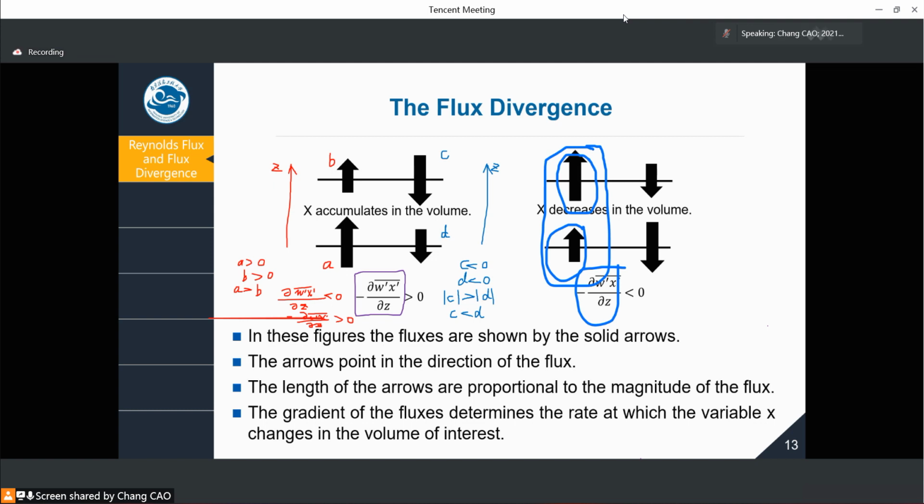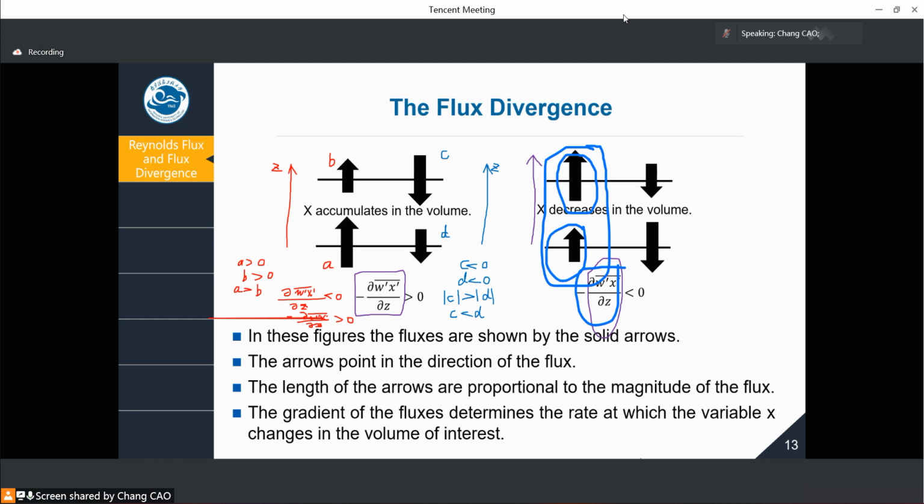If we look at the picture here, first, the arrows are all upwards, which means that the value should be bigger than 0. Since this one is shorter than this one, the longer one has bigger flux than the shorter one. As Z goes up higher, flux also goes up higher. So this part is bigger than 0.